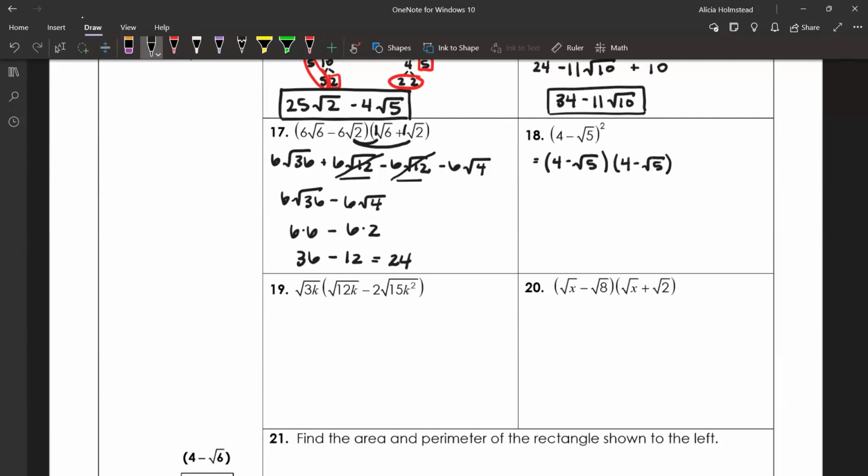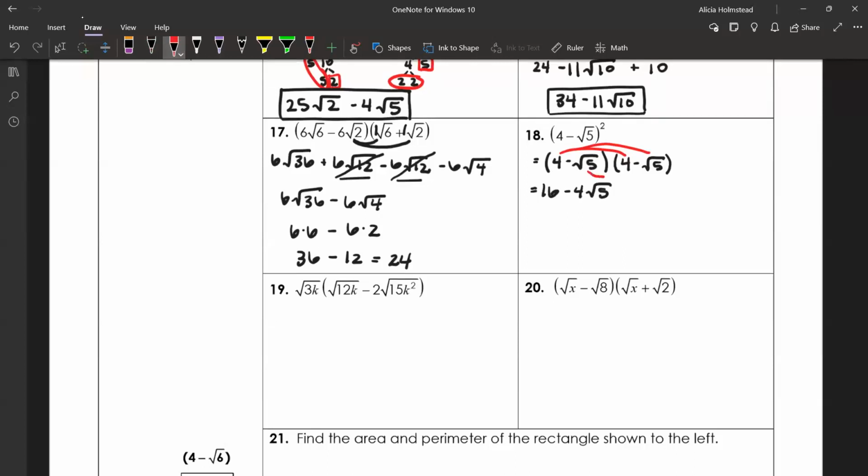And then we're going to use that little FOIL thing where we multiply stuff. So we'll start by doing 4 times 4, which is 16. Then we'll do 4 times the negative square root of 5, and you can only do outsides with outsides and insides with insides. So 4 times negative 1 is negative 4, and then that's just the square root of 5.